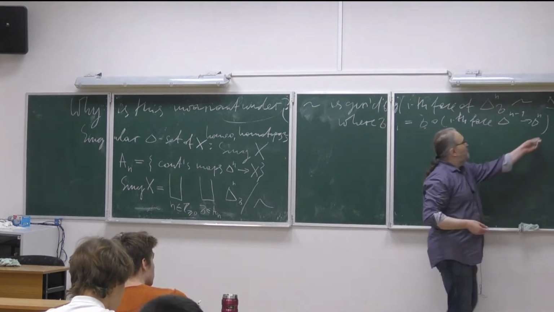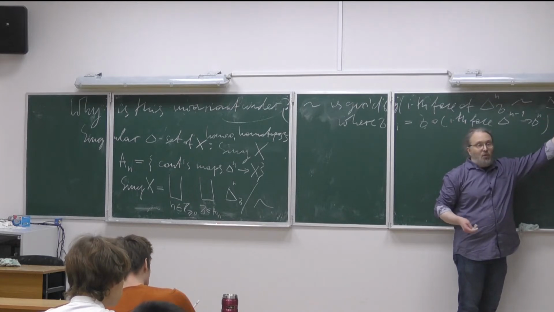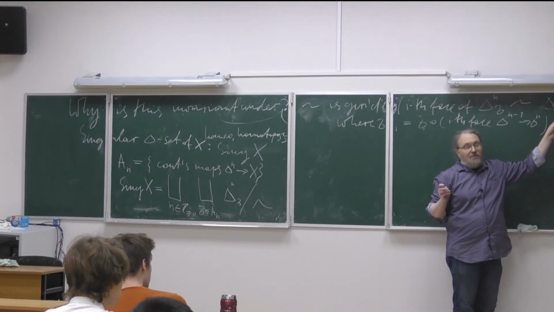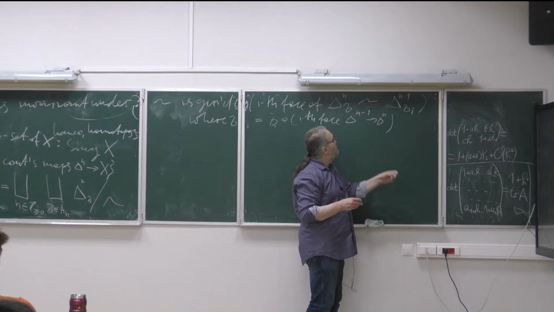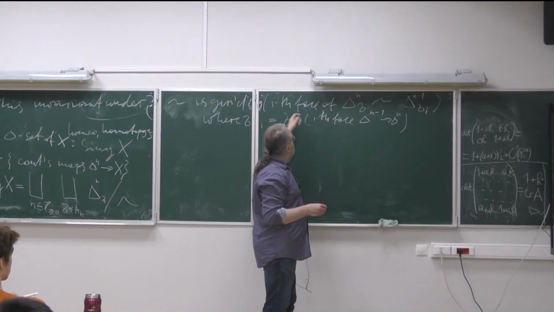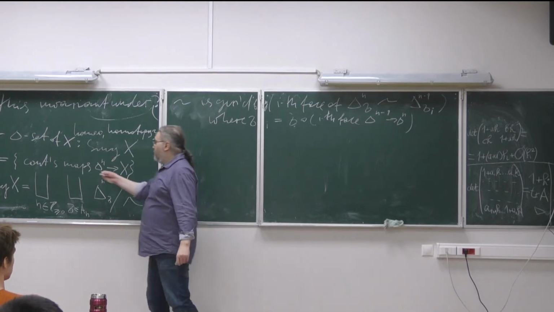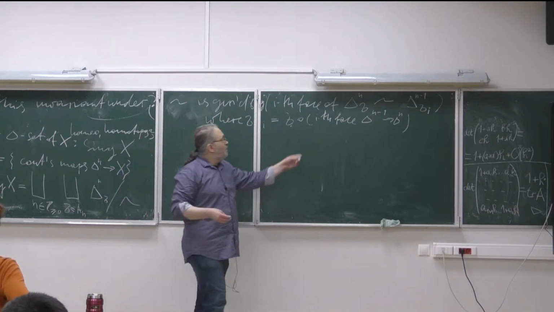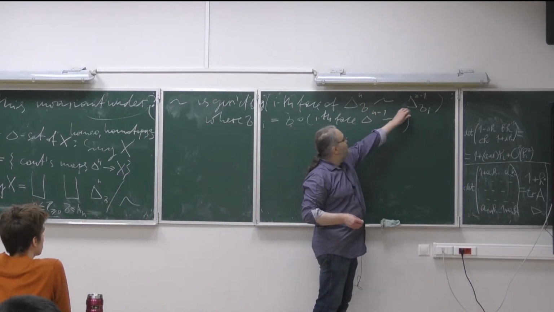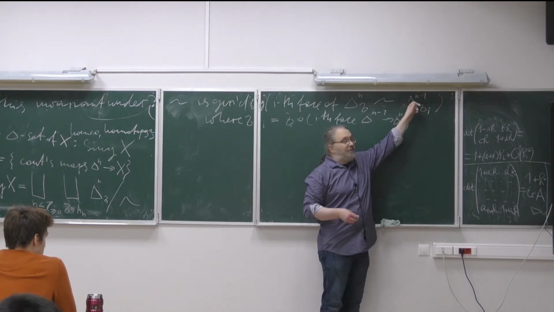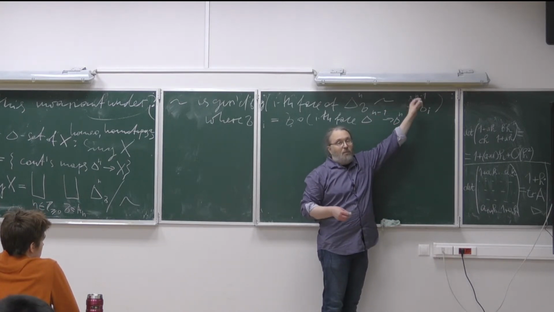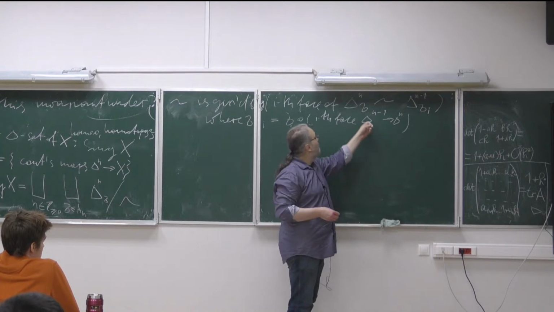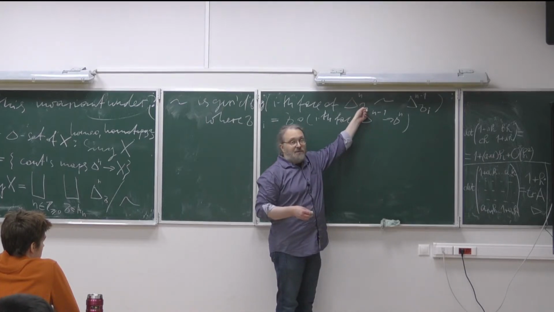Now sigma_i is a map from delta^(n-1) to X. So it's an element of A_(n-1), and so we have the corresponding simplex delta^(n-1)_(sigma_i).